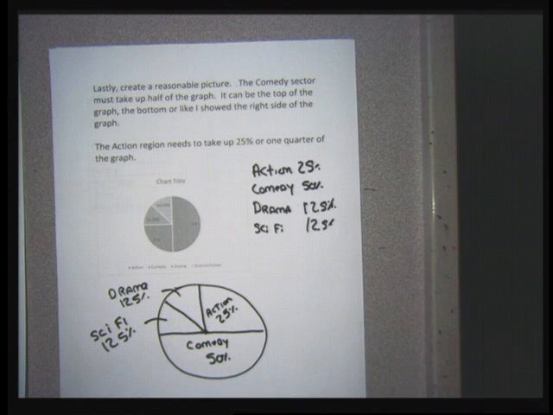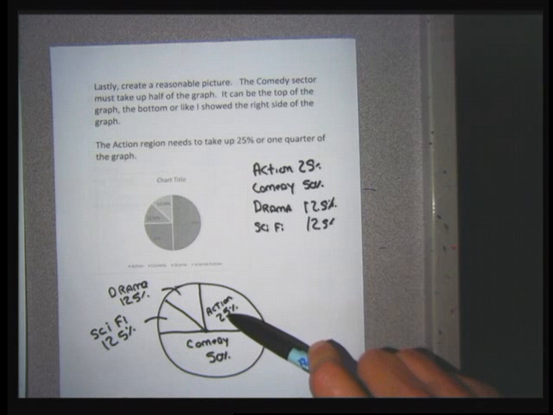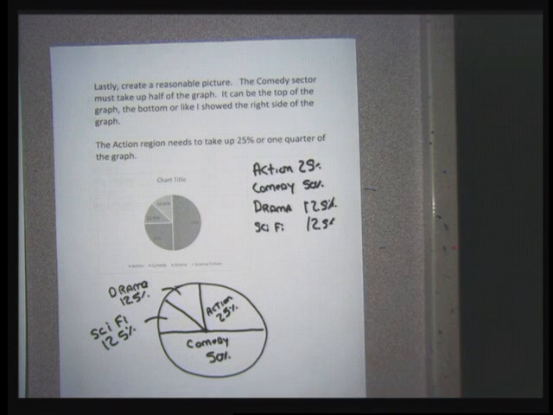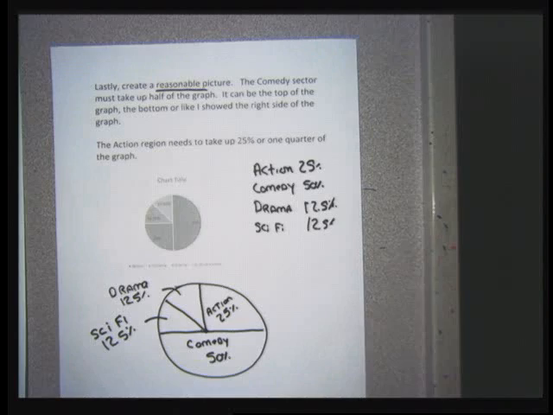Just as long as it represents the data accurately or reasonably accurately, we're going to be fine. And once we get into the homework, which is coming right up here, if we're not plotting 50 and 25%, it's going to be hard to make something that's exact, and we just don't need to be exact. So in here I said make a reasonable picture, and it's definitely not going to be that great.